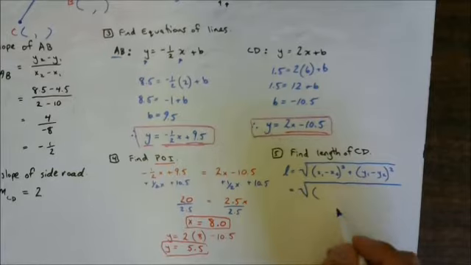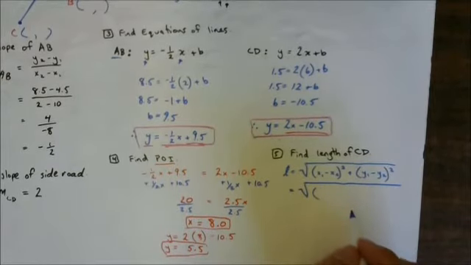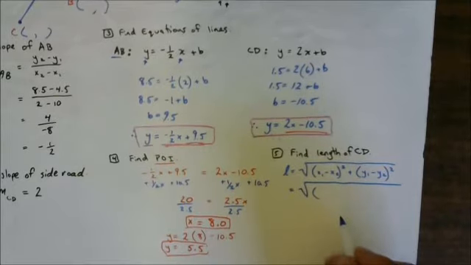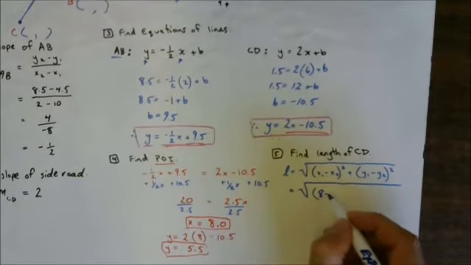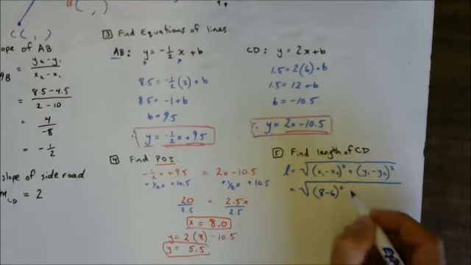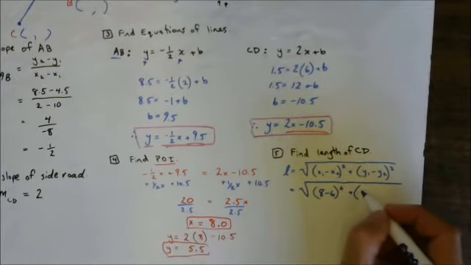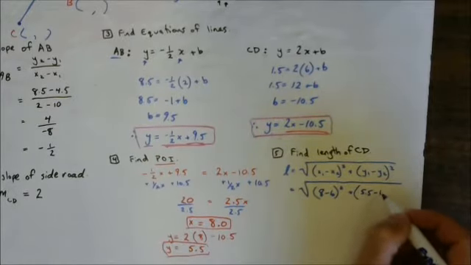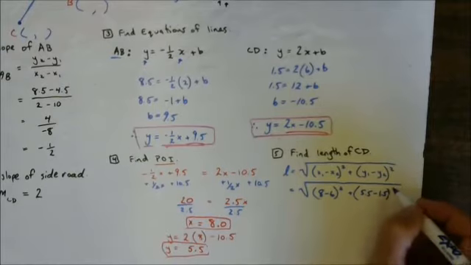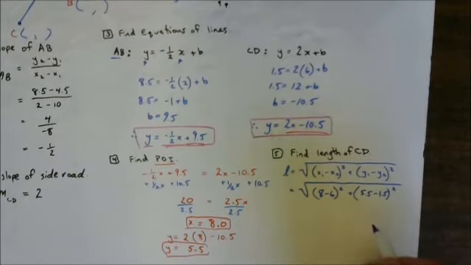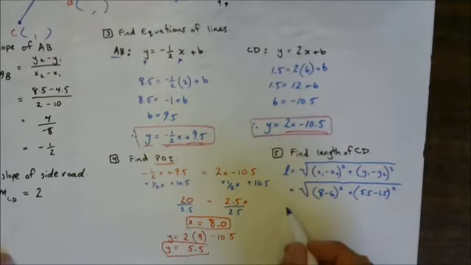We're going from D to C or from C to D. Again, it doesn't really matter what you do. So I'm going to use as my difference in x, we're going from 8 to 6. And then the difference in y's, we're going from 5.5 to 1.5, so 5.5 minus 1.5. And according to Pythagorean Theorem, we're squaring both of those and then adding them and then taking the square root.